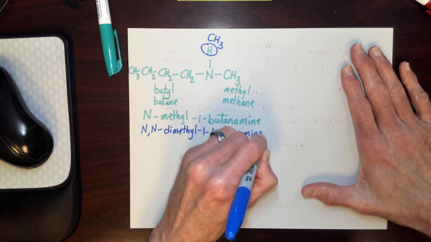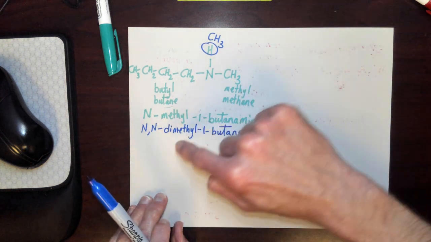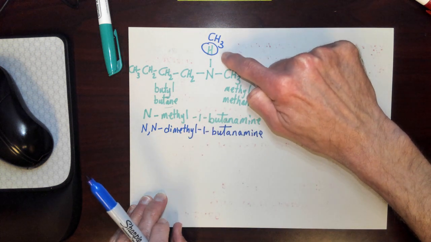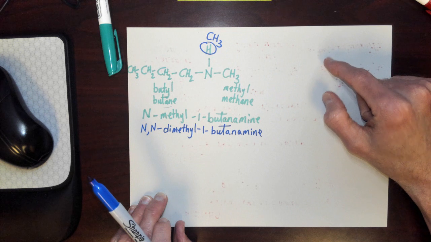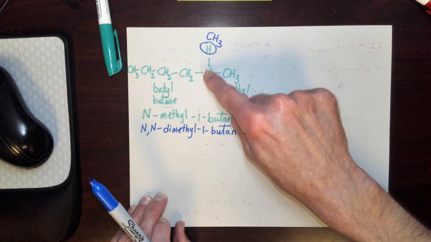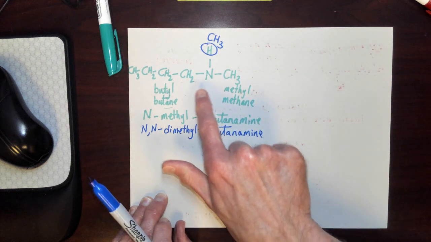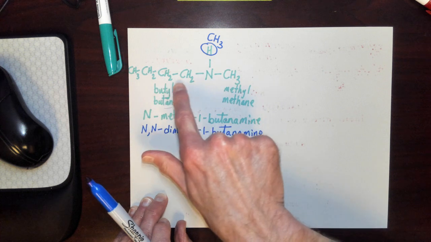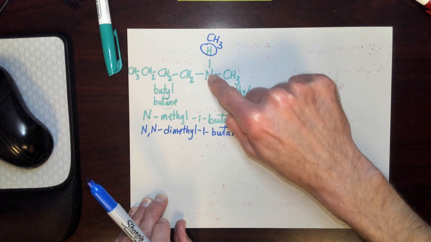Okay. We need to put N so that we know that both of the methyls are directly attached to the nitrogen. Okay, dimethyl, so both methyls attached to the nitrogen, and then 1-butanamine to recognize that the butane root here is attached through the first carbon to the nitrogen.